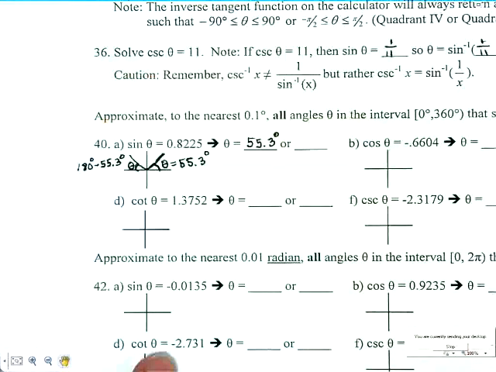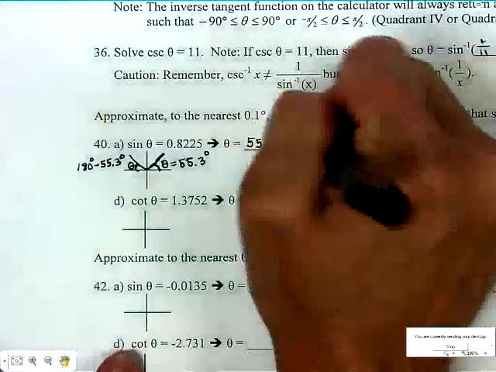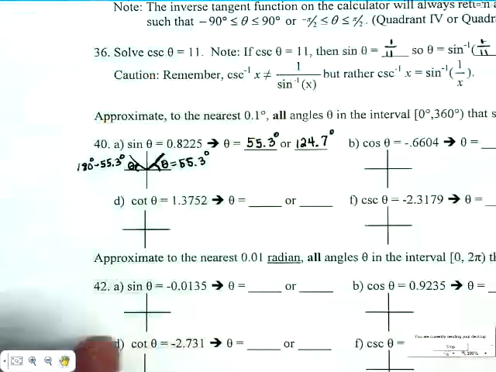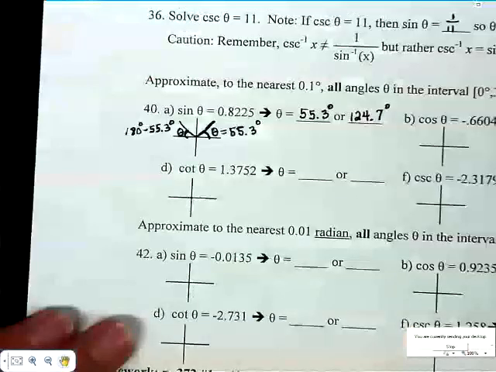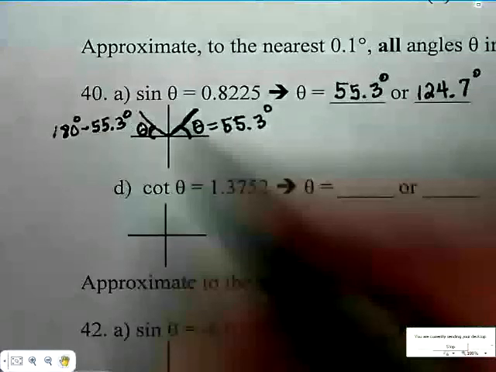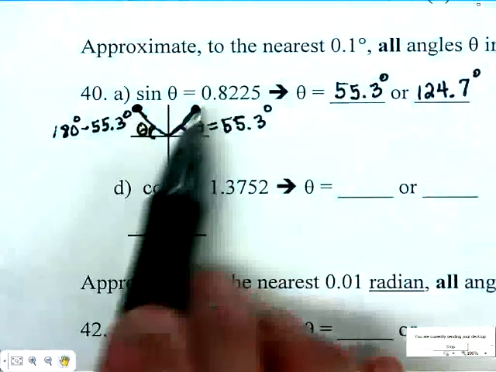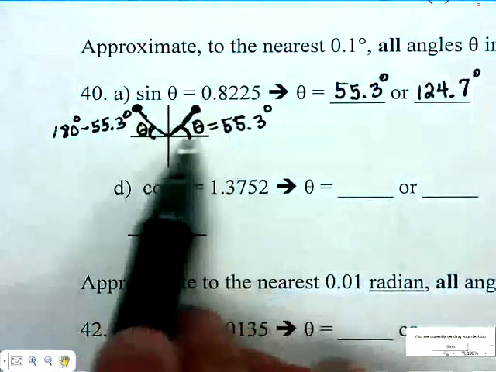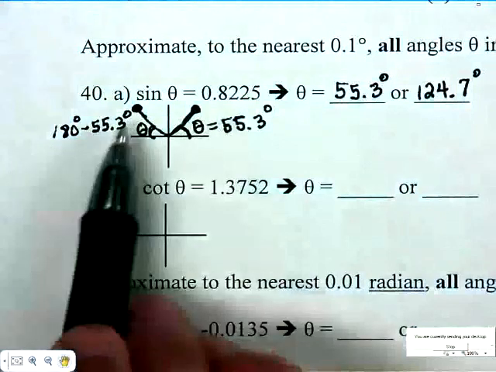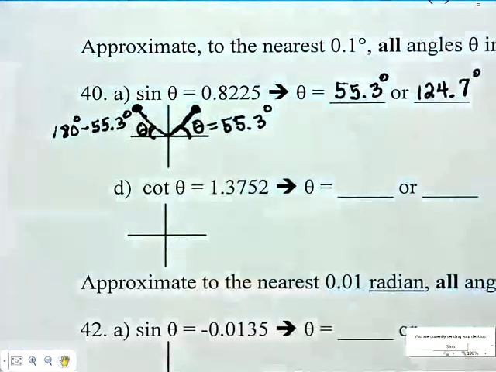And that's 124.7. See, both of these angles would have the same y coordinate on the unit circle because they're the same height in the Cartesian coordinate system. So if my calculator gives me this one, I can just subtract that from 180 to find the second quadrant angle where the y value would be the same.